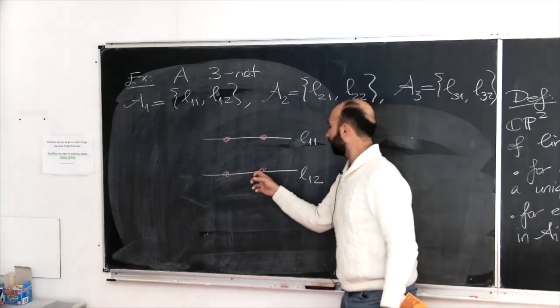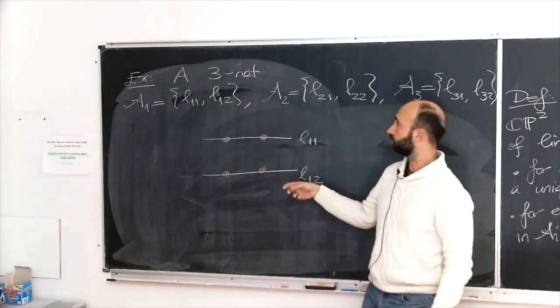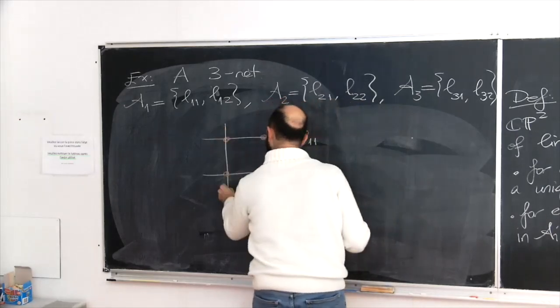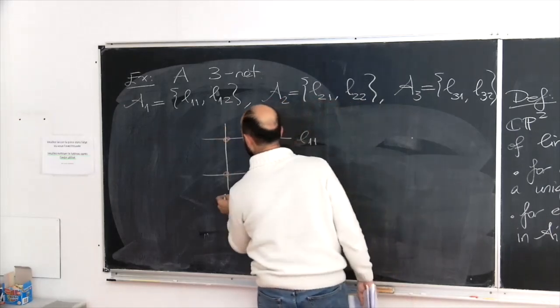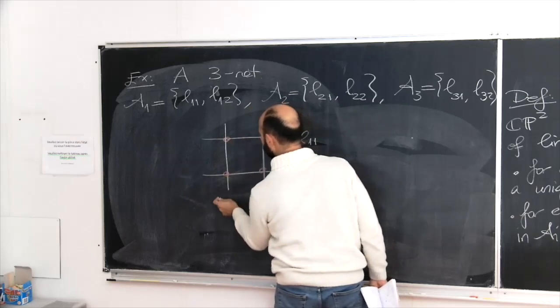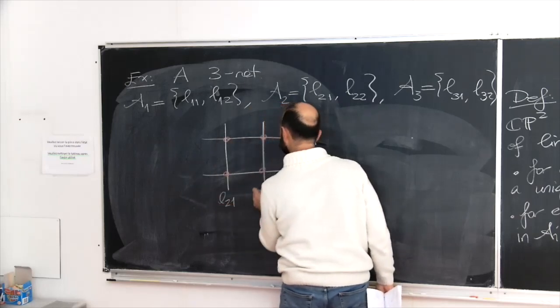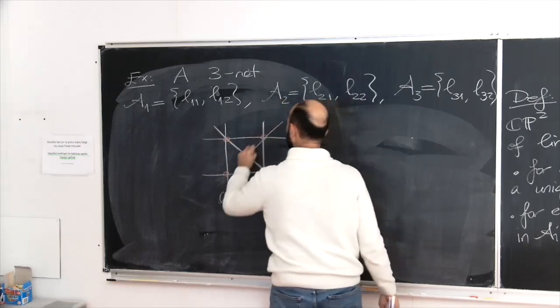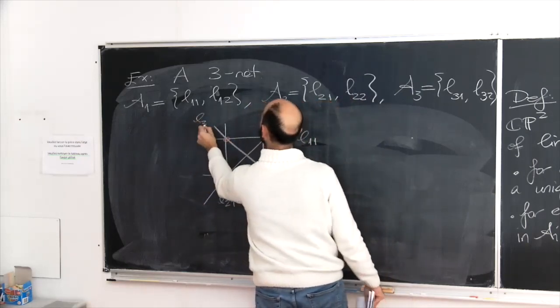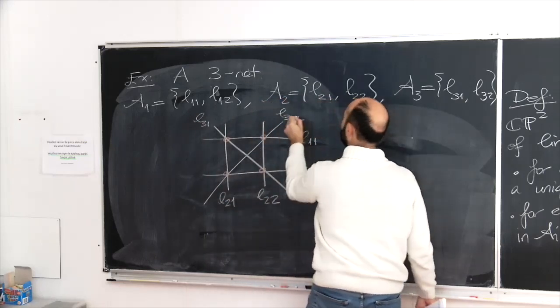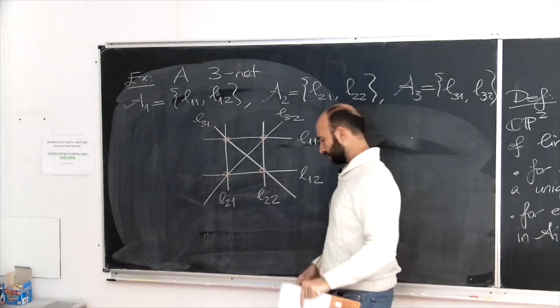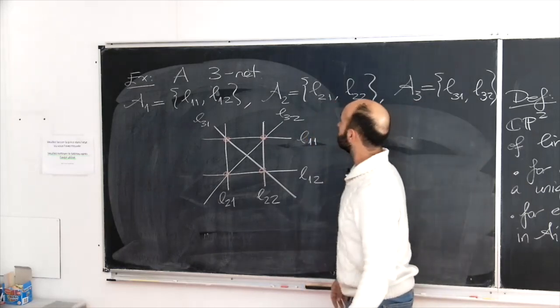So each point should be contained in one of them. I mean, these are the 2 lines of A1. The lines of A2 will be some other partition of the points like that. So L21 and L22. And the third one is these 2, L31, L32.